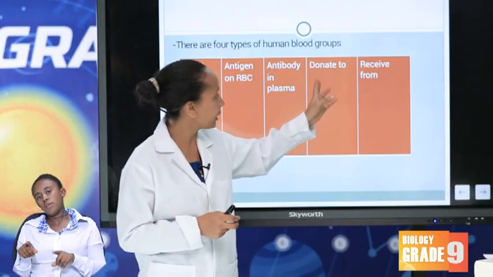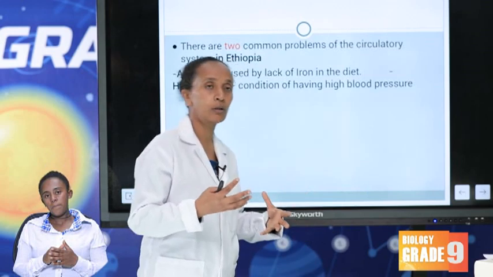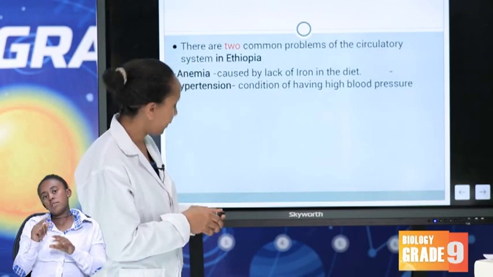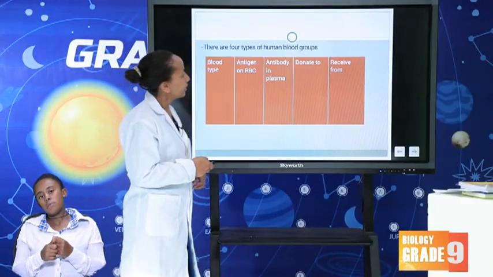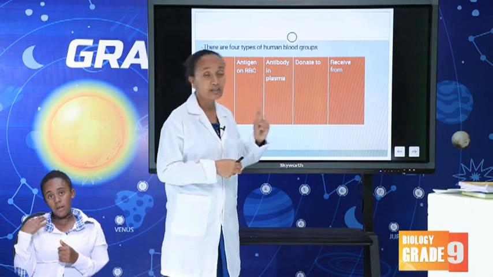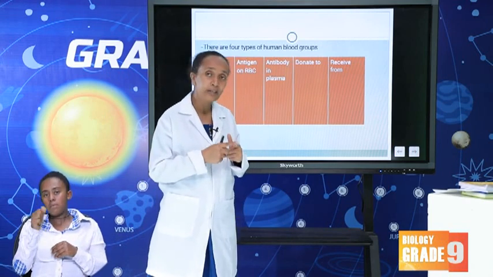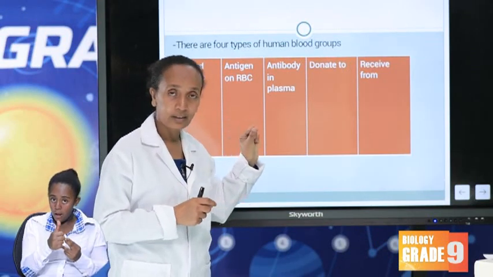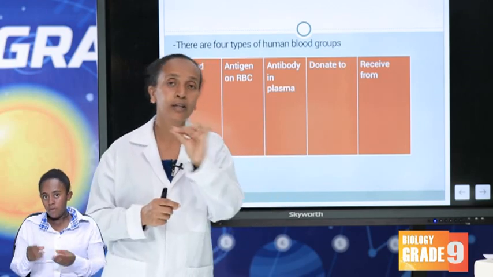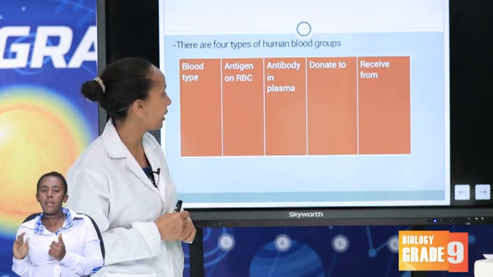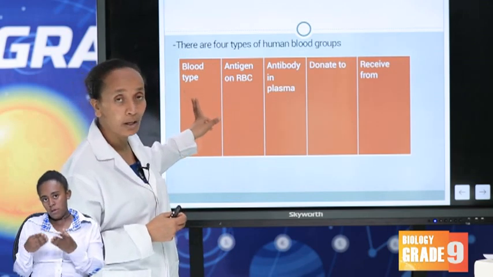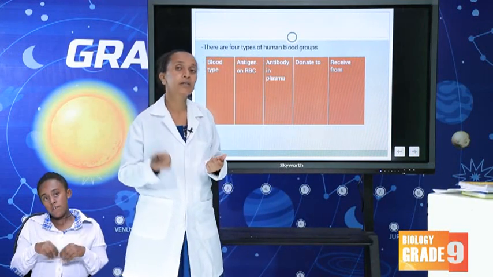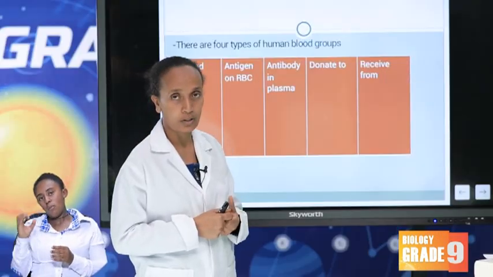And when we come to blood transfusion, the process in which one give blood to other individual at the time of injury, type A individual can donate blood to type A individual and type AB individual, which means group A person can give blood for group A and AB, only for group A and AB, and this type A individual can receive blood from type A and from type O individuals.